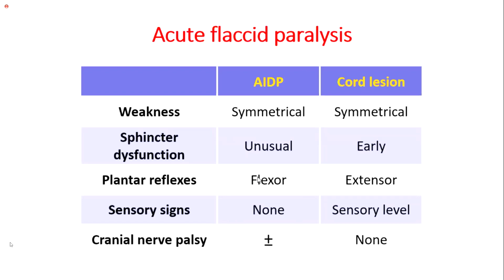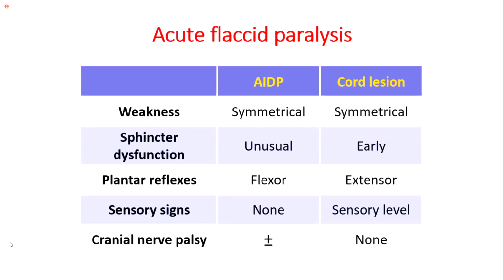Whereas in AIDP, you don't get sensory loss. In a spinal cord lesion, obviously, you do not expect anything above the spinal cord, so you do not expect any cranial nerve palsies. But in AIDP, you may or may not get cranial nerve palsy. If you get cranial nerve palsy, you know it favors the AIDP rather than a cord lesion. Is that clear? So this is how you differentiate.